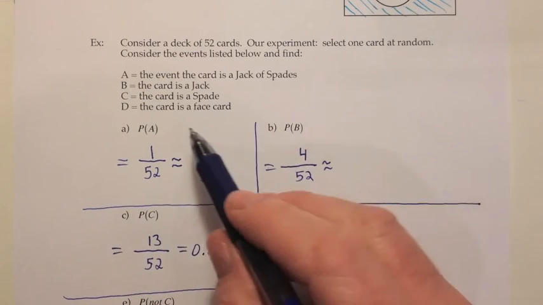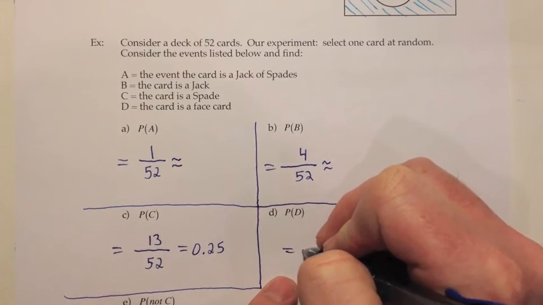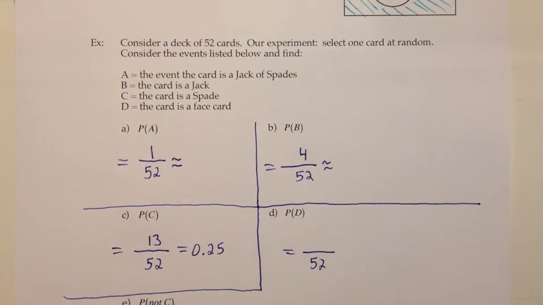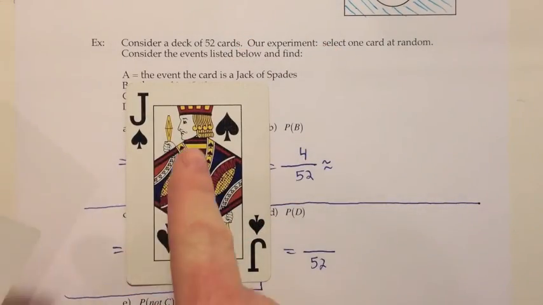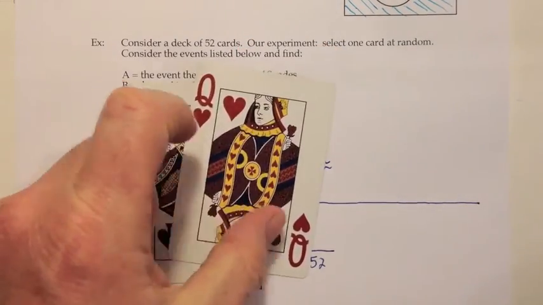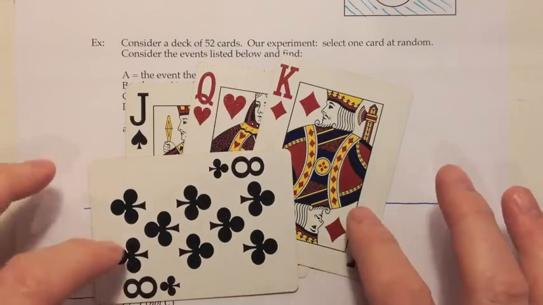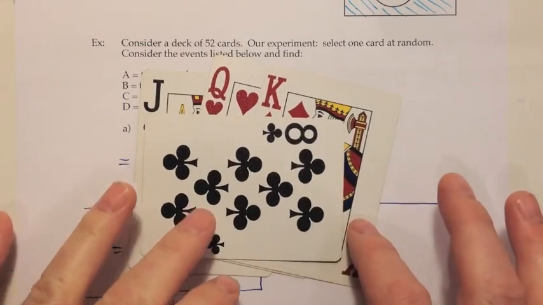And then let's see, the probability of D, the card is a face card. So we'd have 52 cards for our denominator, and then we'd want to count all face cards. And there's a little bit of controversy for this. So face cards are cards that have the face of a character on them. So the jack has a face on it, the queen has a face on it, the king has a face on it. We wouldn't count a card like an 8 because there's no face, it's just the number 8 and 8 clubs showing rather than a character.